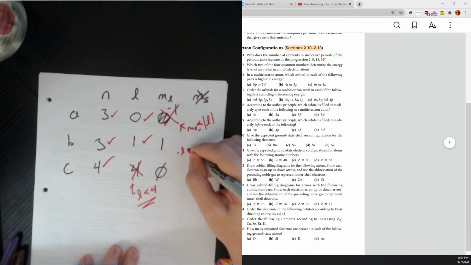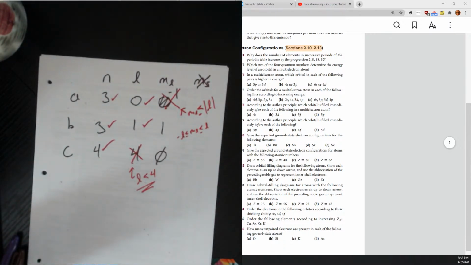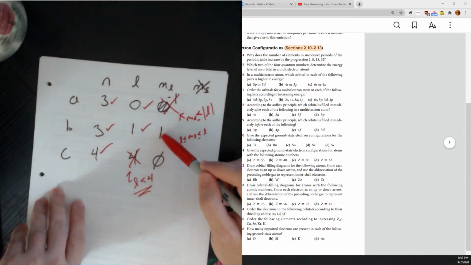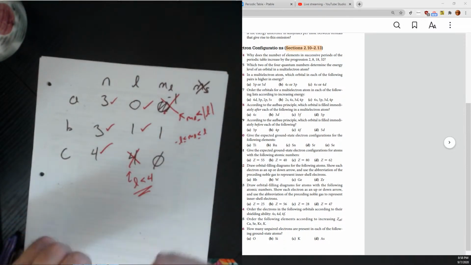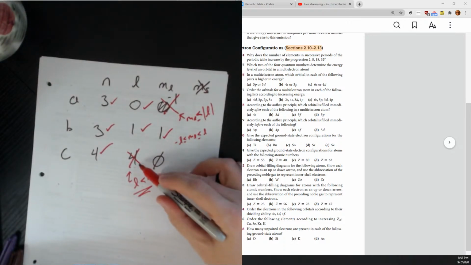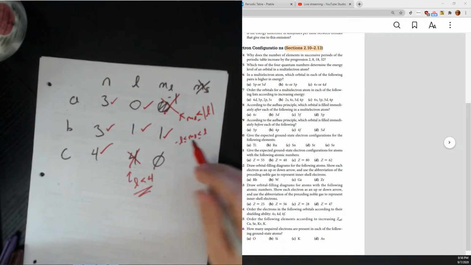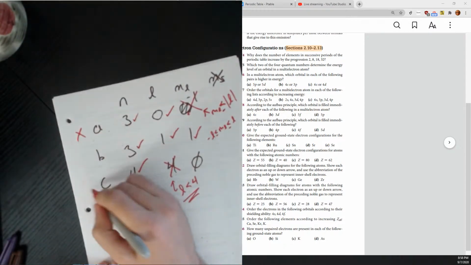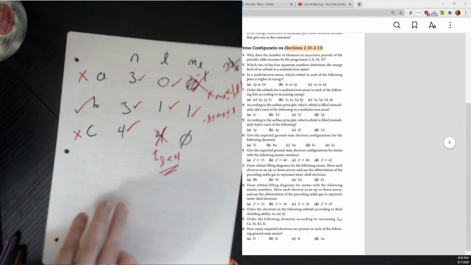Or -l is less than or equal to m sub l is less than or equal to l. All right. So for m sub l equals 1, that's not a problem. l is equal to 1, so m sub l can be equal to 1. And then we don't even bother with this one because we already ruled it out based on l. Okay, so A doesn't work, C doesn't work, B does work.